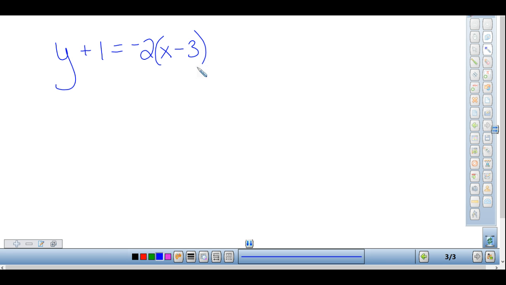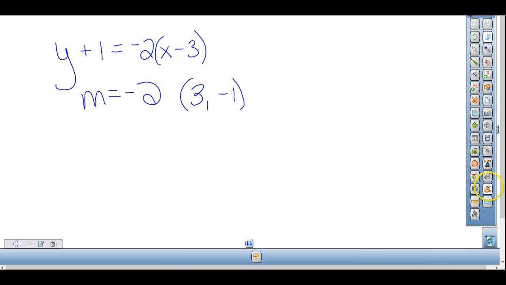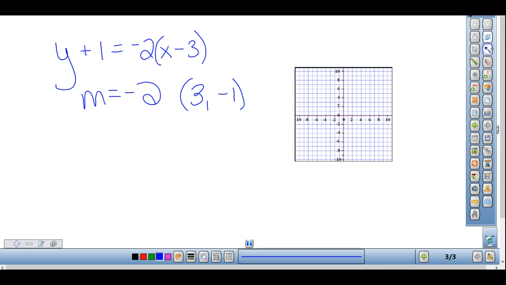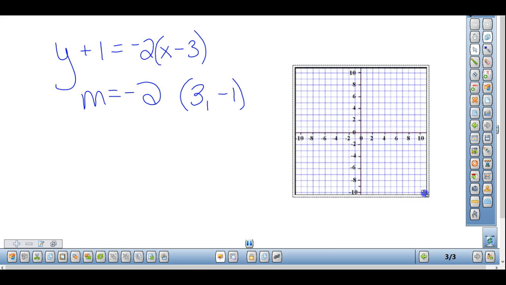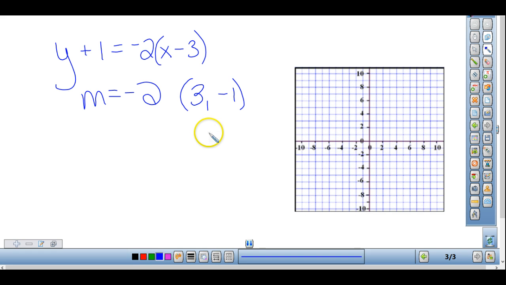Now my slope is going to be -2, and my point x, comma y. Okay, when I go to graph this guy, this is going to be my starting point. So I'm starting at 3, -1, which is right here.